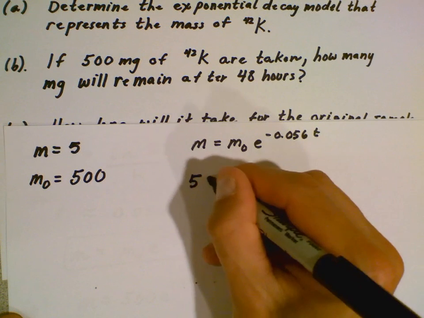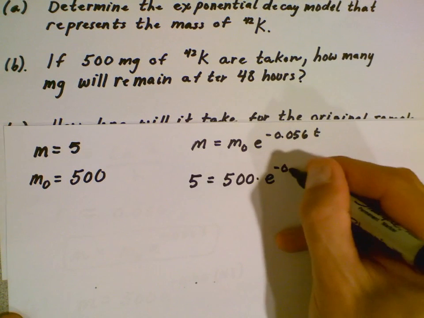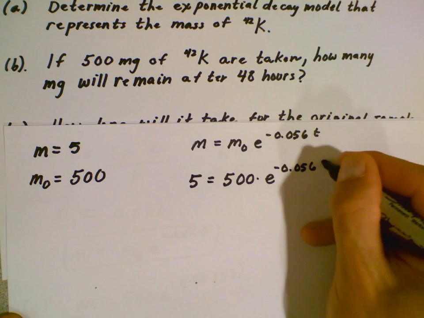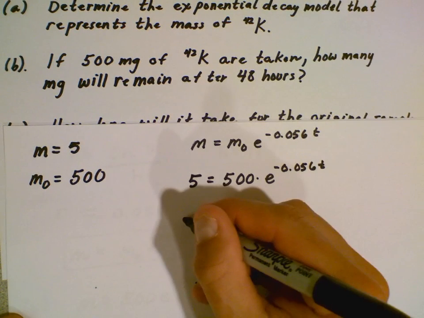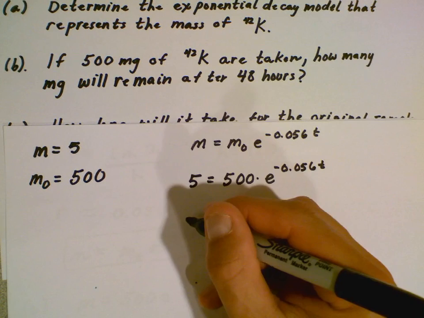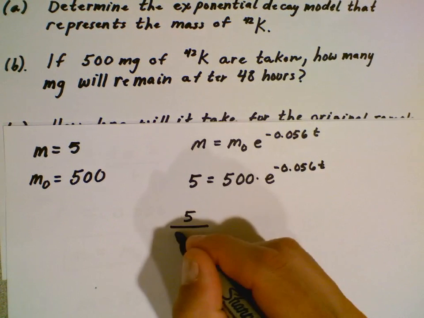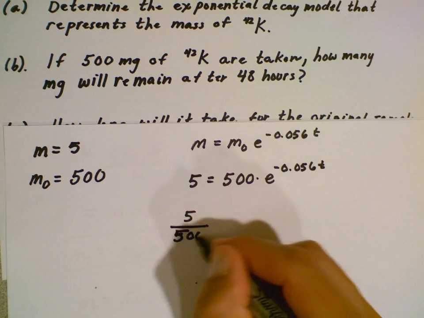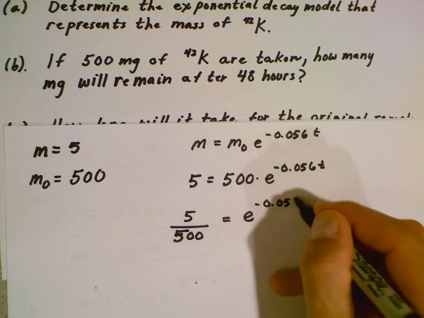You have 5 equals 500 times e to the negative 0.056t. We want to find t, so it's a matter of taking the natural log and dividing. So we're going to have 5 over 500 equals e to the negative 0.056t.